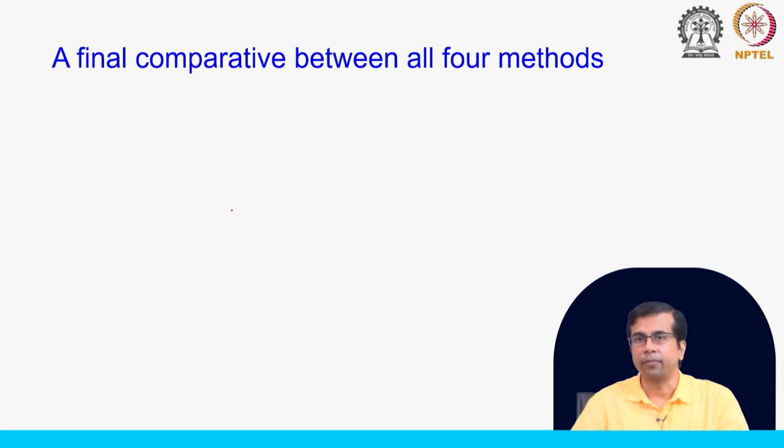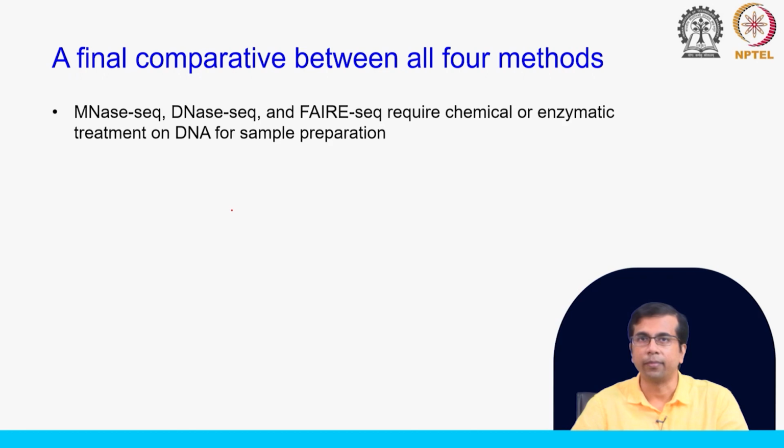So, we want to compare these 4 methods, and this is what I am going to do here. What we have seen is that MNase-seq, DNase-seq and FAIRE-seq require chemical or enzymatic treatment on DNA for sample preparation. This is something we have talked about.